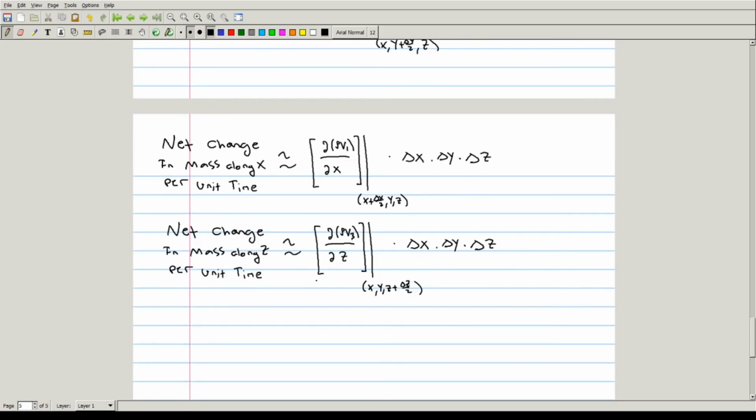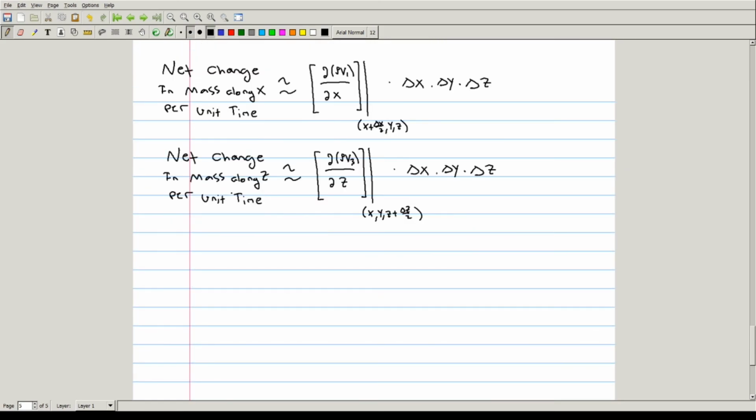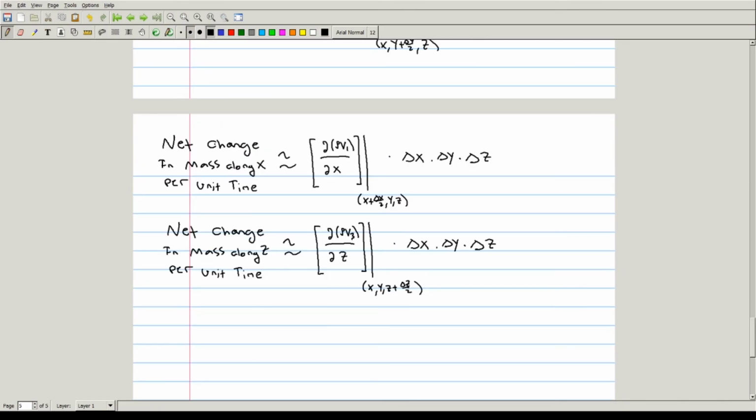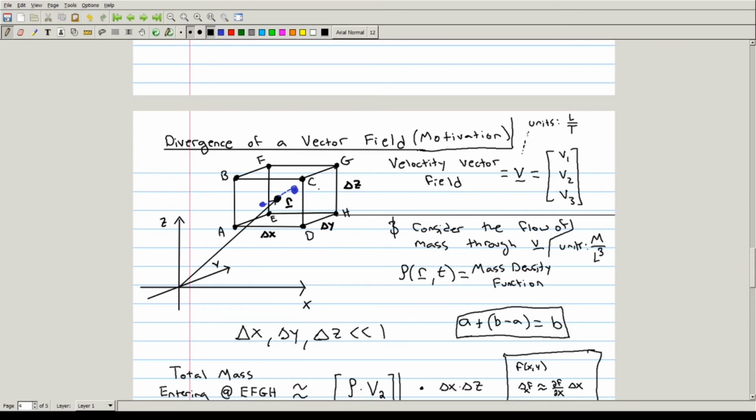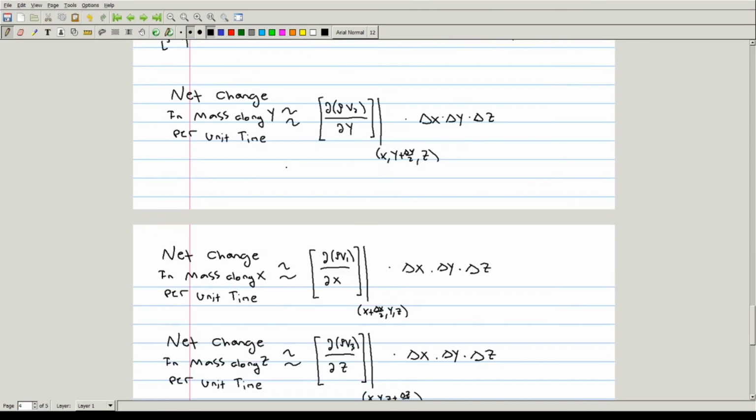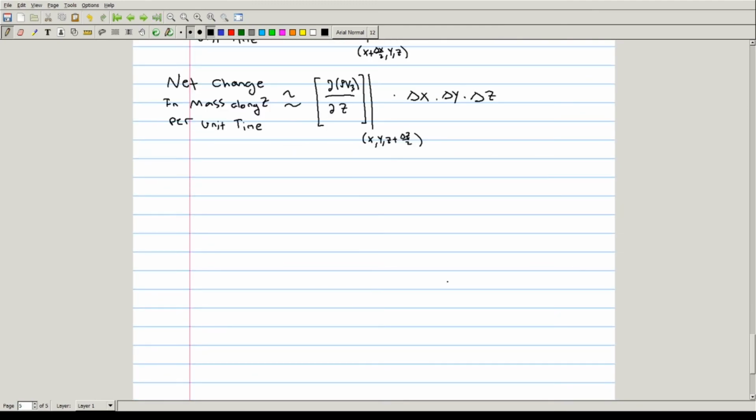And what this means then is that the total net change in mass in this rectangular prism, in this shape, is going to be the sum of these three quantities. So the total net change in mass, this is, remember, through the boundary.